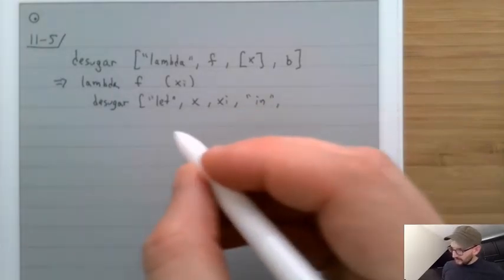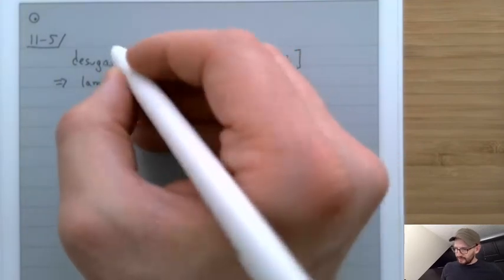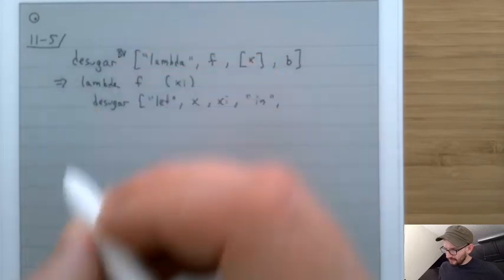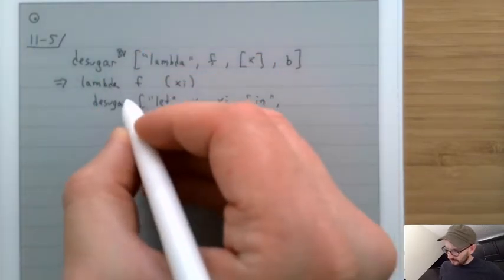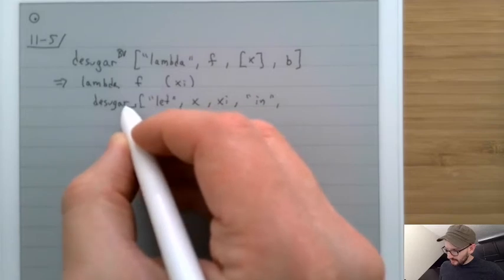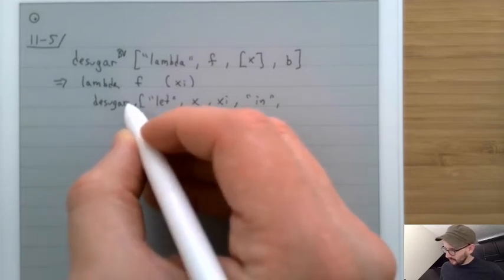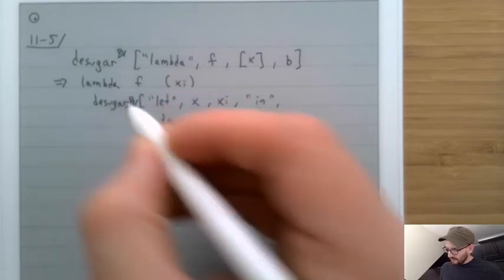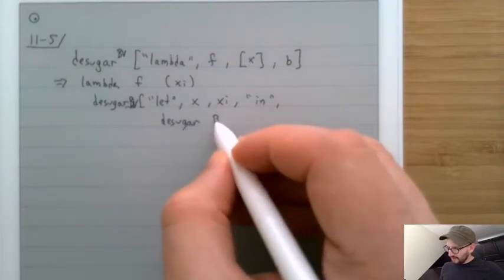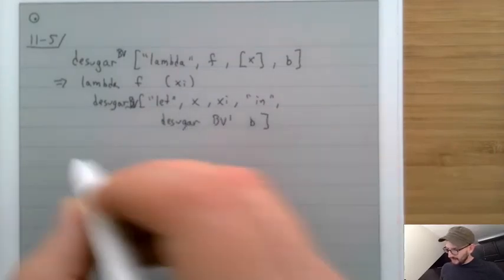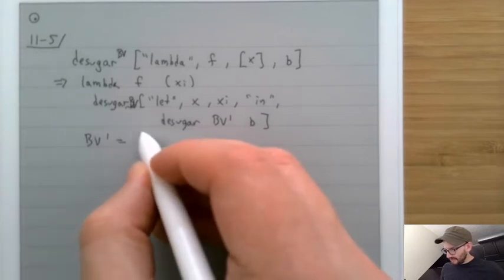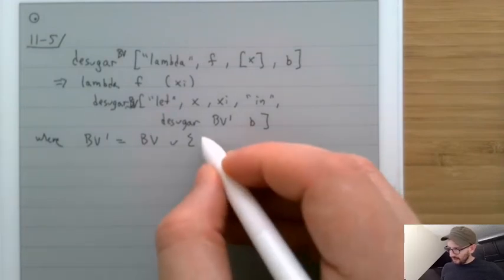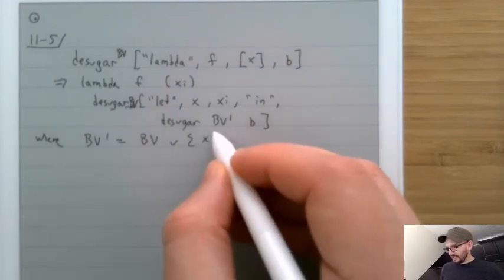Well, what we're going to do there is we're going to add to the desugarer an extra argument, which is the boxed variables. And so we're going to call the desugar, this just has this normal BV. We're going to call the desugarer here on BV prime and B. Now what's BV prime? BV prime is just BV with one more thing, which is a mapping that just says x.